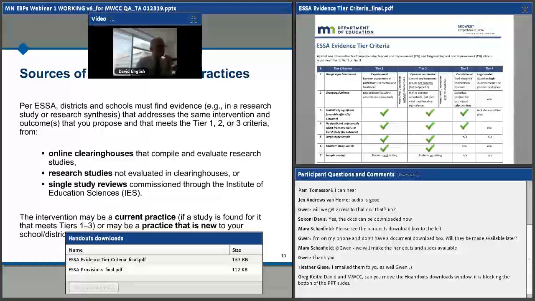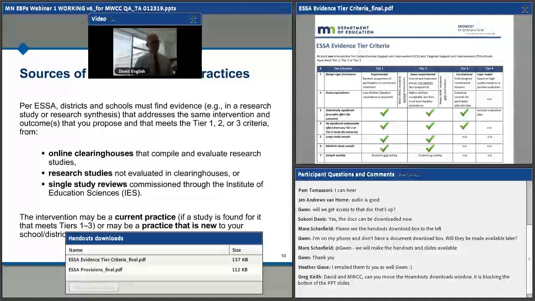But first, the first question you might deal with is, where do you find evidence-based practices? The primary place might be these online clearinghouses. The online clearinghouses are various websites that are starting to pop up now. There's about 10 that compile and evaluate research studies, with What Works Clearinghouse being the primary one.